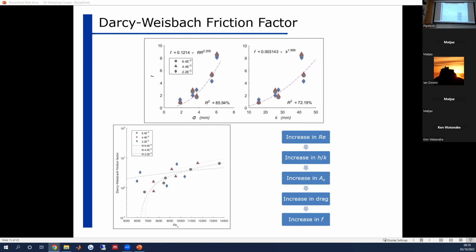Now, the reason behind that is in an open channel flow, where typically the submergence is always going to be greater than 1, so all your roughness elements are submerged, as you increase the Reynolds number, the frontal area of the roughness elements that's exposed to the flow, the projected area, is going to remain constant regardless of the change in Reynolds number.